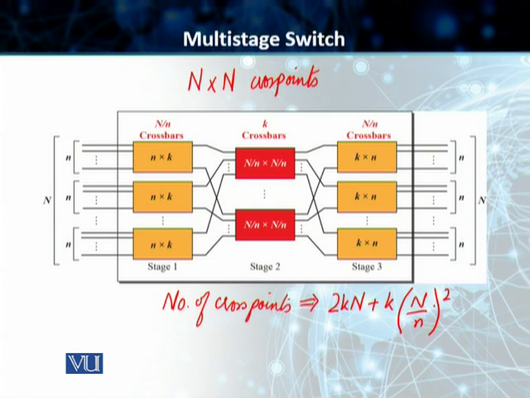Now students, in the case of the crossbar switch, we had the number of cross points as N squared. Students, this particular number is a lot lesser and more realistic than N squared.